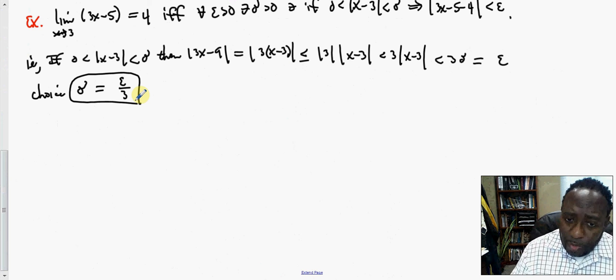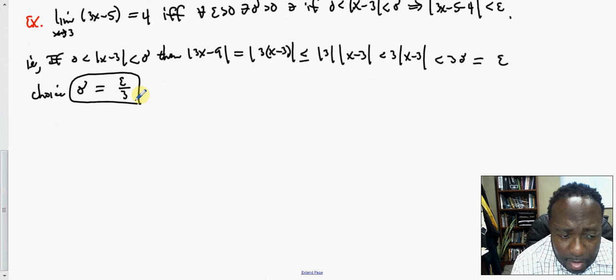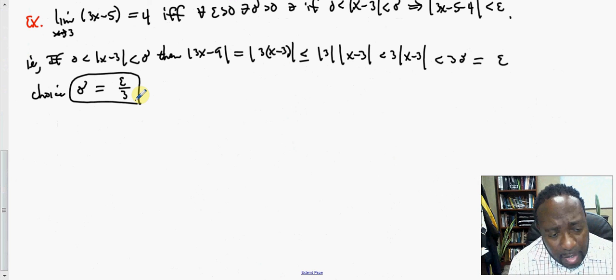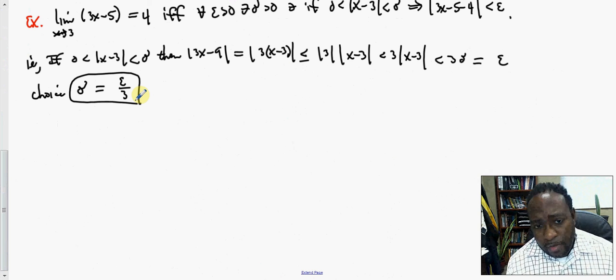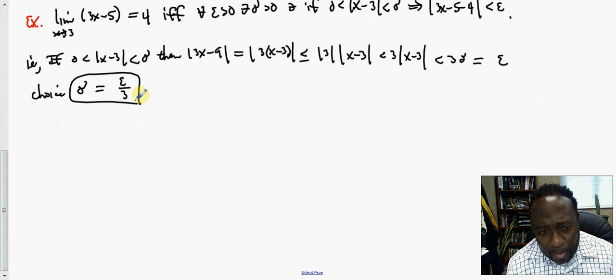Now, it's somewhat strange, but to be honest with you, the proof now actually begins. The whole goal in engineering science is to be able to find a suitable delta. But mathematically, you want to start the proof now.